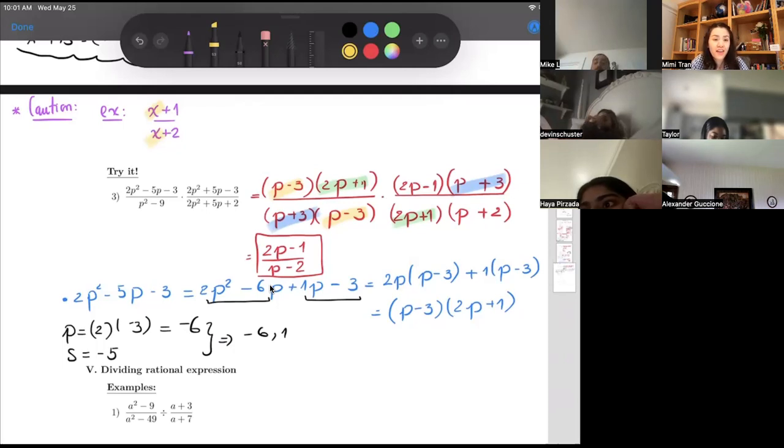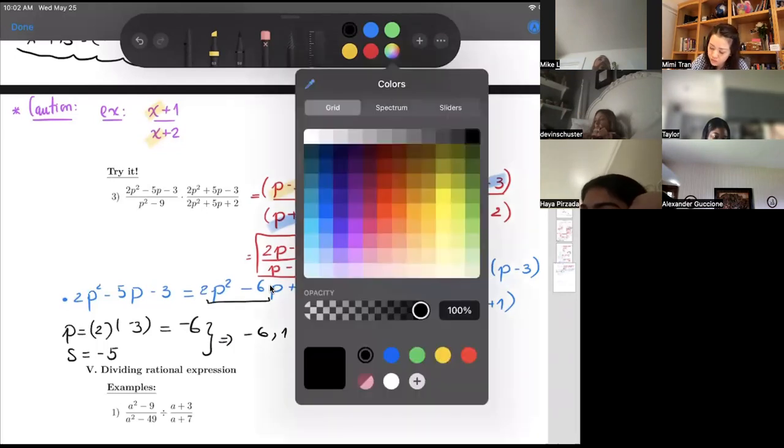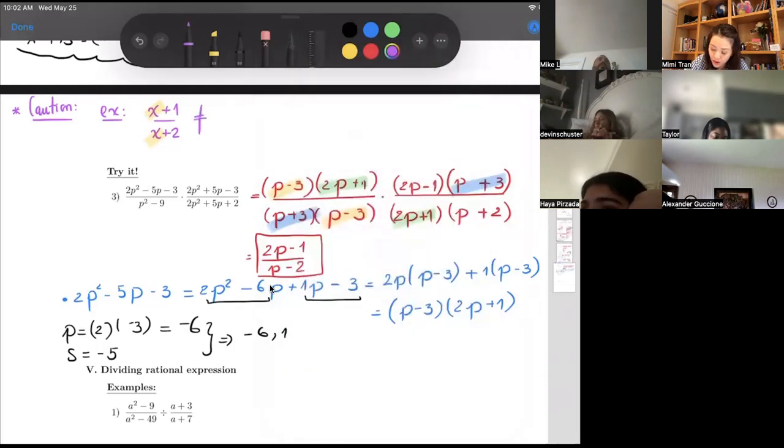Do not break up a marriage. Otherwise, I'm going to write home-wrecker on your exam. So when you have something like that, you cannot cancel. You can only cancel if they are x plus 1 over x plus 1. They're the same thing, so you cancel them out. But when they're attached to different numbers, you cannot cancel them individually. So this is not equal to 1/2, that's wrong. Please do not do that on the exam. You cannot cancel them individually if they are being added or subtracted to some number, okay?